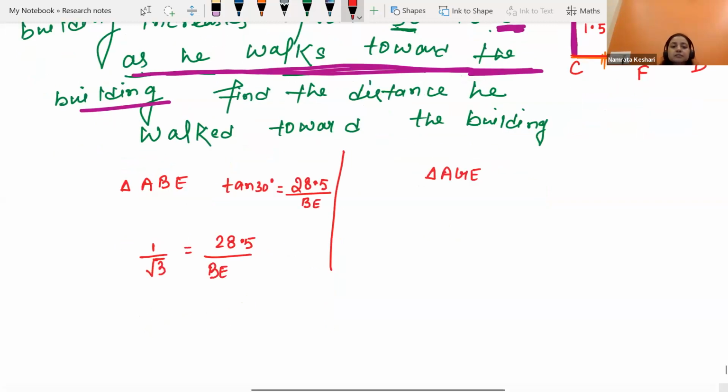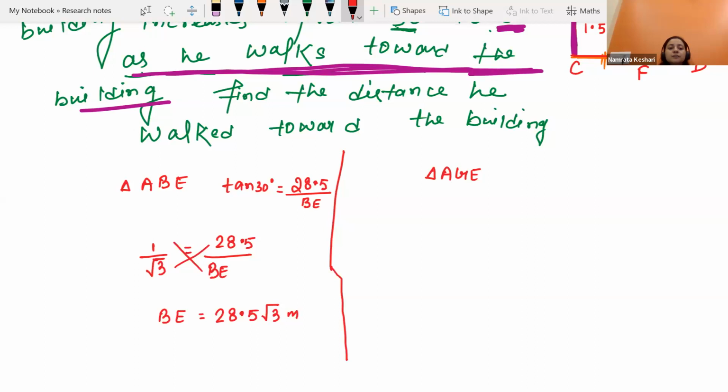BE will be 28.5 into root 3. Is it so? Crisscross multiplication we are doing.